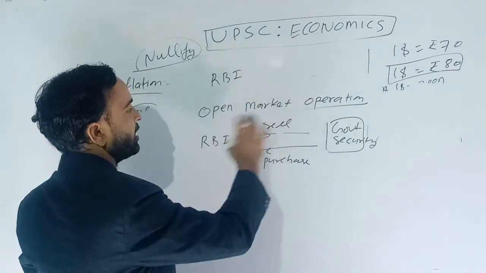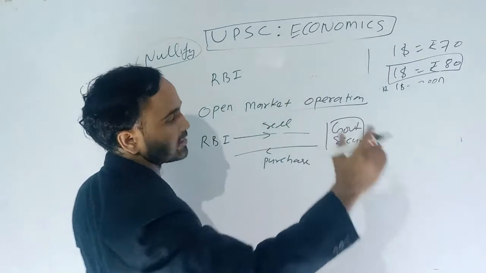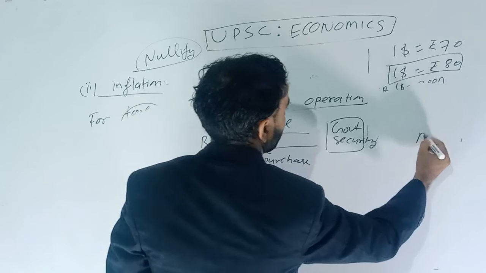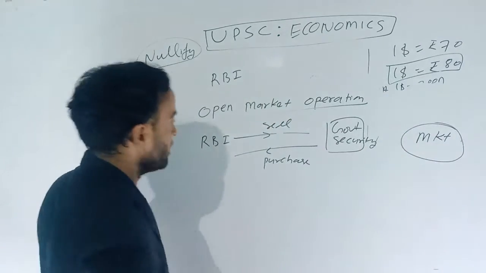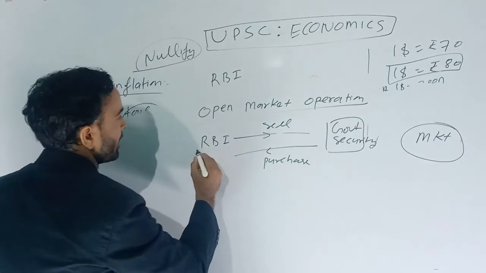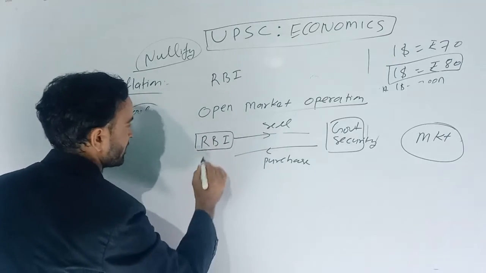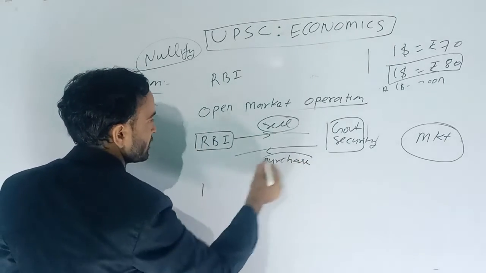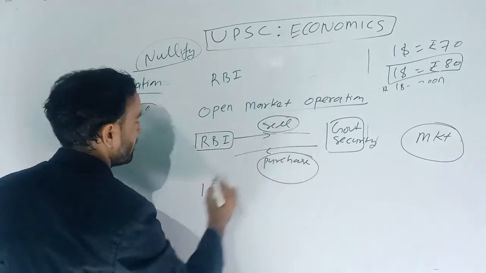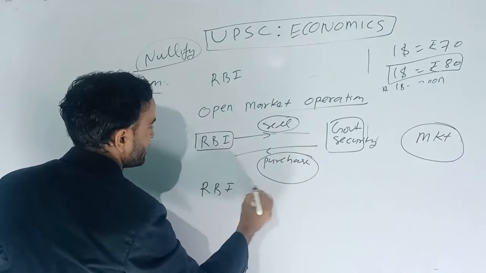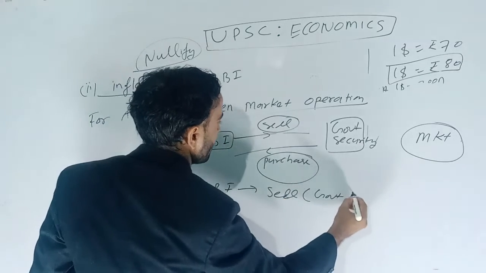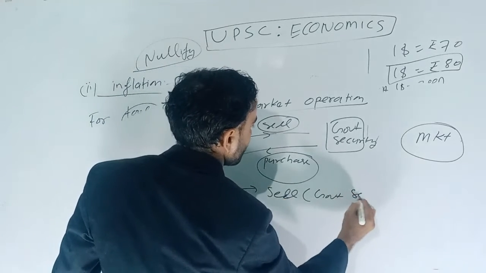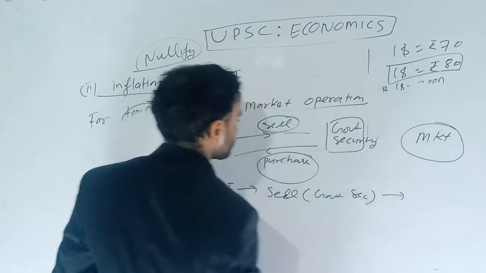Whenever RBI sells and purchases the government security in the market, let us suppose, what will happen whenever RBI sells? There are two terms, sell and purchase. What will happen when RBI sells government security?